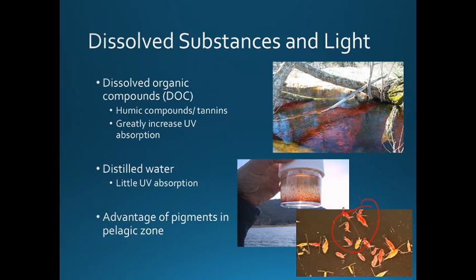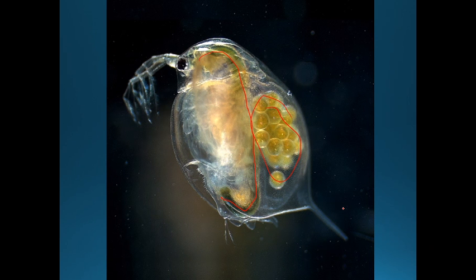But if you have really, really clear water, but also predators, you get clear zooplankton, because there's this trade-off between, basically, do you want to get skin cancer or do you want to get eaten? And what natural selection has basically chosen for these things is that they would rather get skin cancer, because predation is a bigger threat to them.